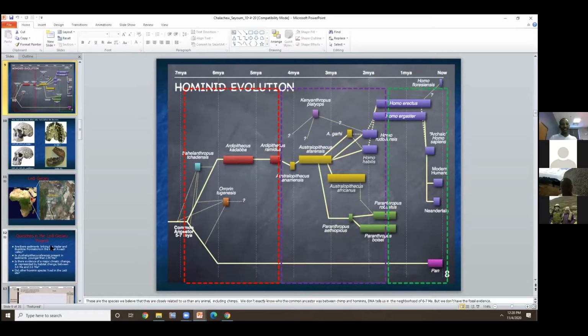But we don't know exactly who the common ancestor between chimp and hominins was. DNA tells us the neighborhood of 7 to 6 million years, but we don't have a fossil record to support that and give a better picture. So there are a group of people interested in studying the origin, before the split between chimp and hominin lineage, older than 5 million years old.